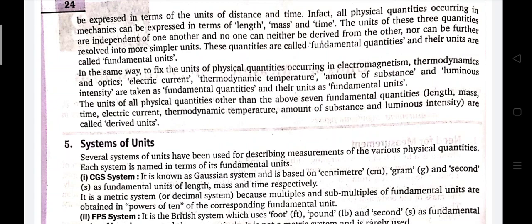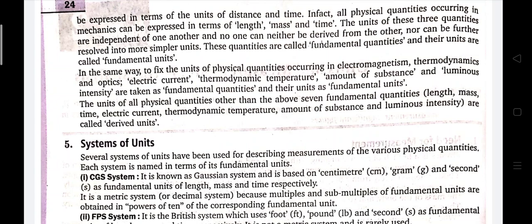and we have already discussed units, systems of units, there are different systems of units that have been followed all over the globe. The simplest one, easiest one CGS system. It is also known as Gaussian system and is based on centimeter, C for centimeter, G for gram, and S for second.